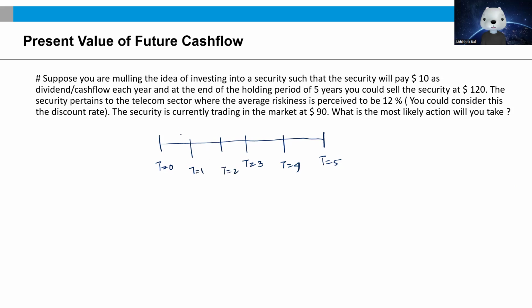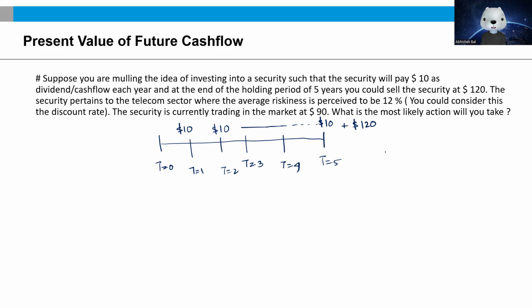So each of these years, you're going to get a fixed dividend or cash flow of $10 each. And at the end of the period, you're expecting to sell the security at $120. That means that an additional $120 is going to be your estimated likely cash inflow at the end of the holding period of 5 years.